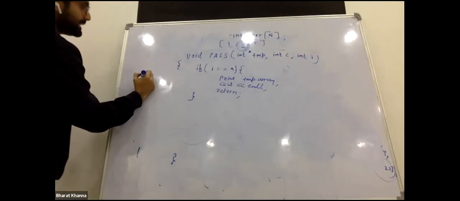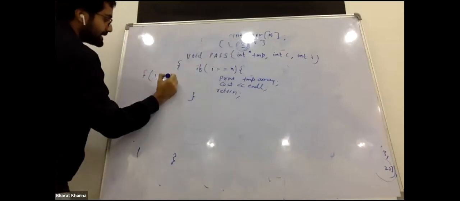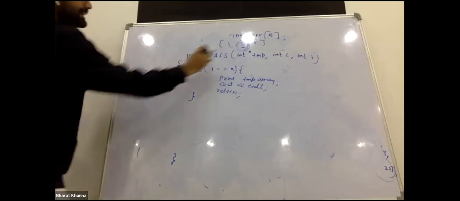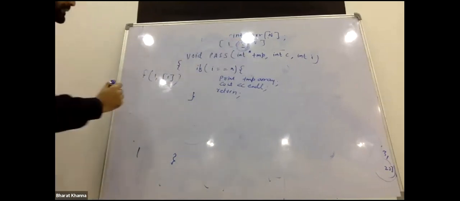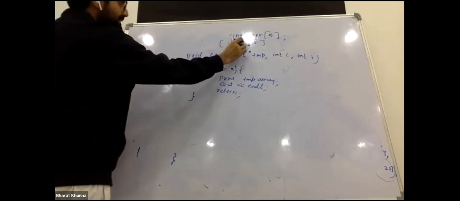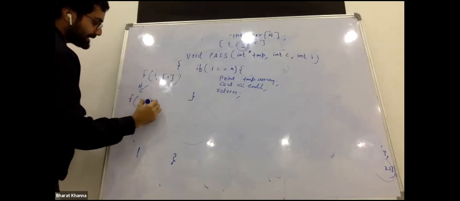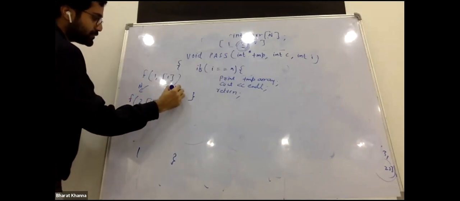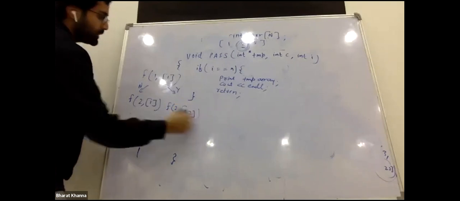For example, let's say I was at f of 1, so I am at index 1 and I have already included 1 with me. So either I can choose this or not choose this. If I don't choose this, I move on to the next index with just 1, and if I choose this, I still move on to the next index, but with 1, 2.